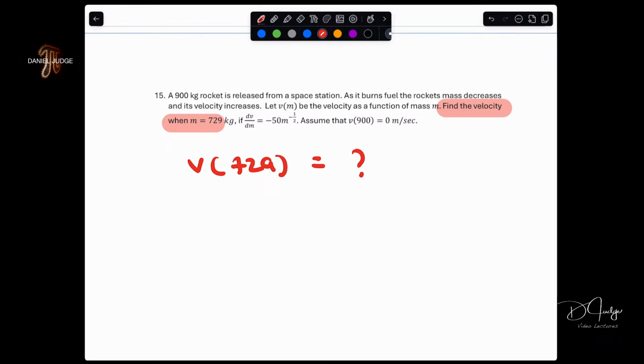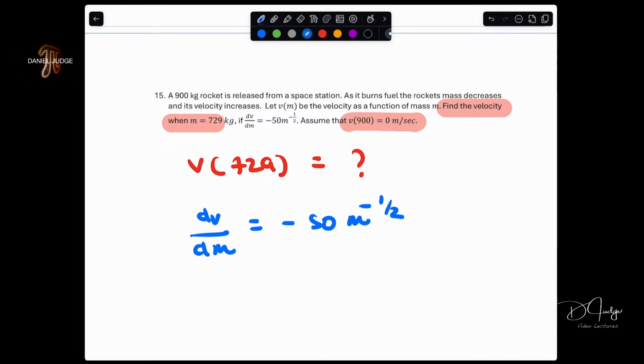Find the velocity when mass is 729. So now you have the following here, right? dv dm is negative 50 m to the negative 1/2. And they have a condition to this differential equation.